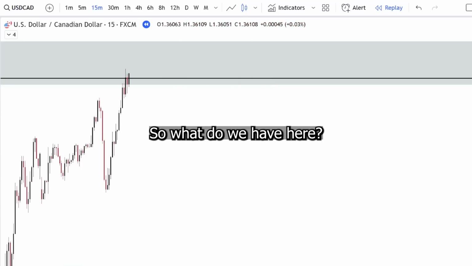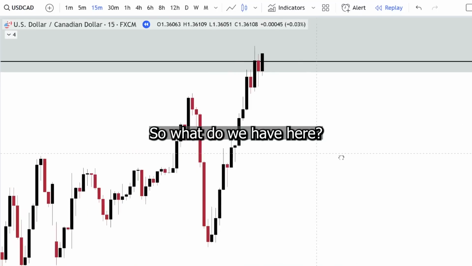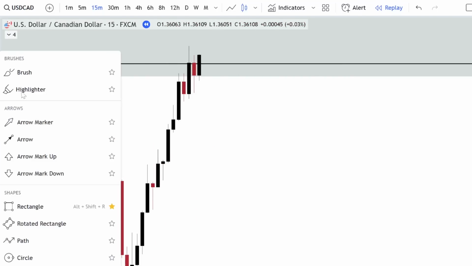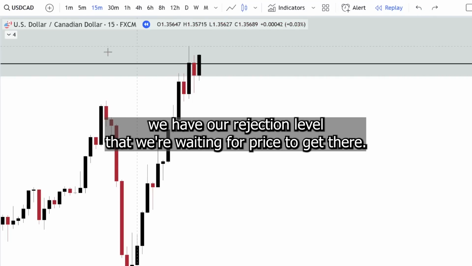So what do we have here? We had our false swing right here. So this is our false swing. Now automatically we have our rejection level that we're waiting for price to get under.